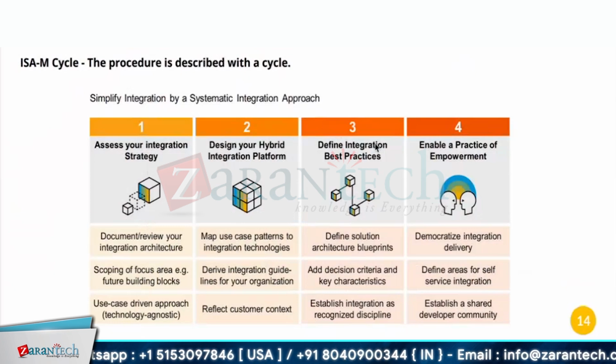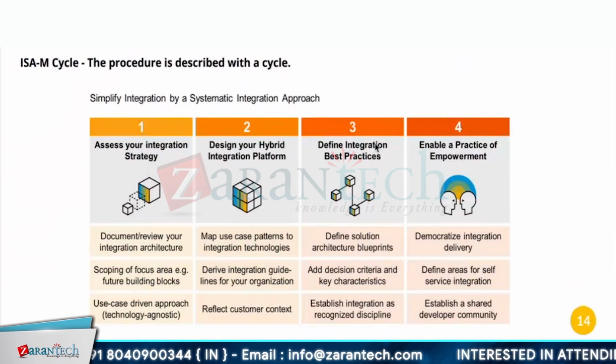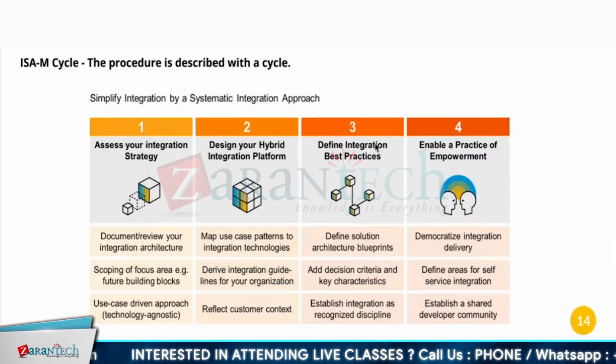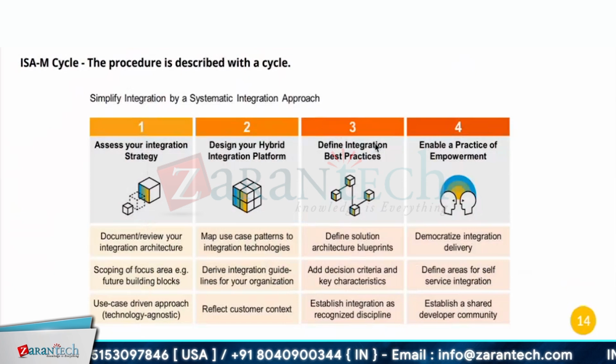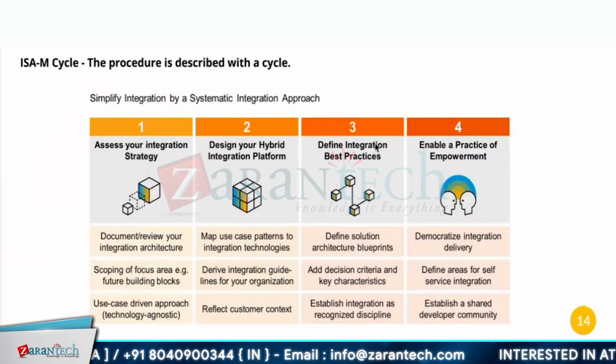Let's take an example. In any integration strategy or integration platform, observability plays a major role, because for any transaction end to end, you will be hopping across multiple systems in your ecosystem. You need to understand where it failed, how it failed, what the visibility of this error is, and who has the visibility of this error.